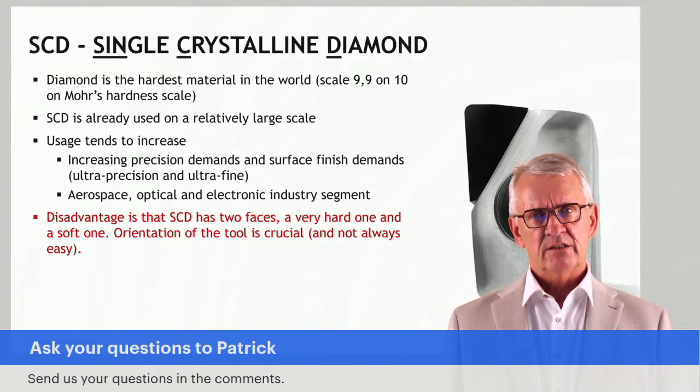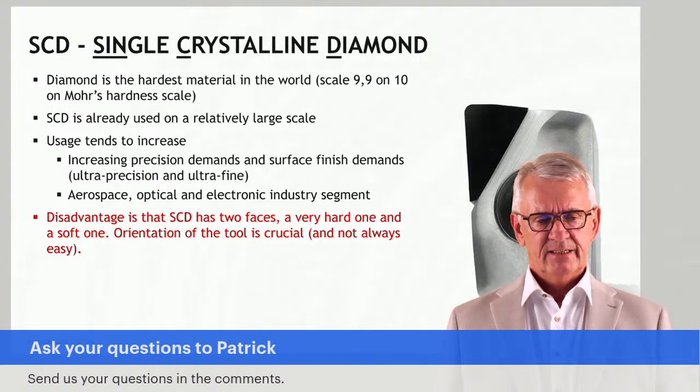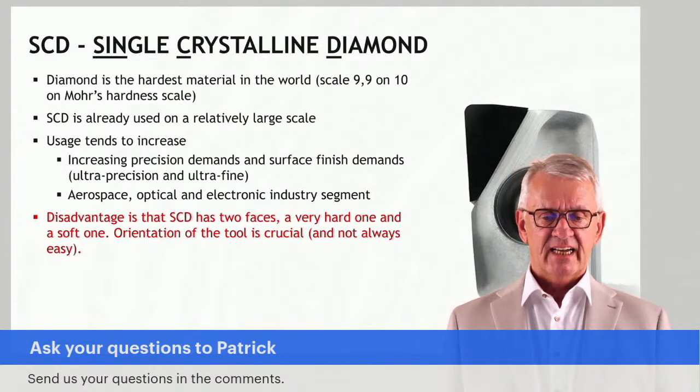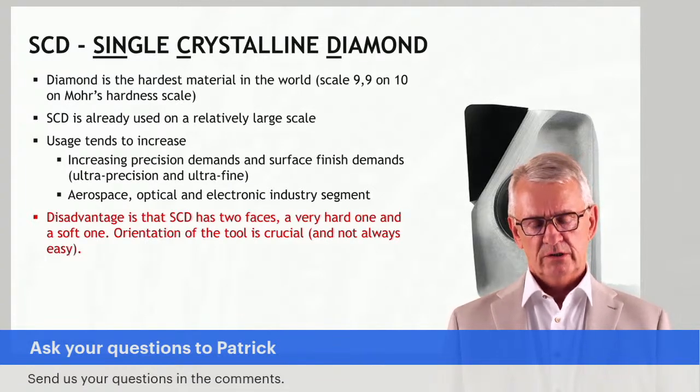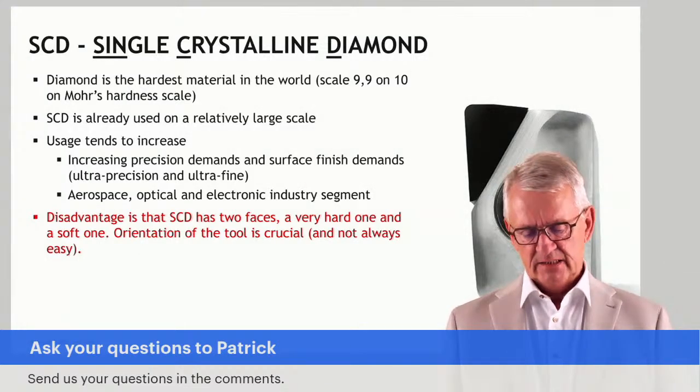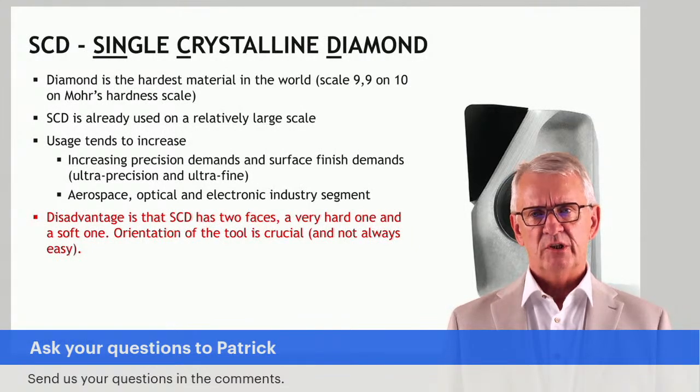One big disadvantage of single crystalline diamond is that its strength depends on the direction in which you look at the structure. A skill that, for instance, a diamond cutter making jewels possesses to a high extent, because you can cut diamond if you know in which direction to make your cutting movement.